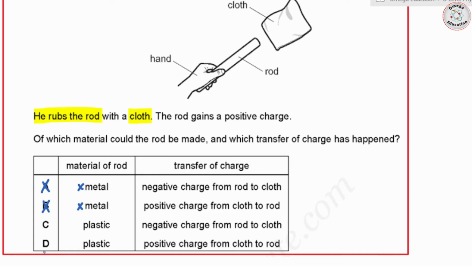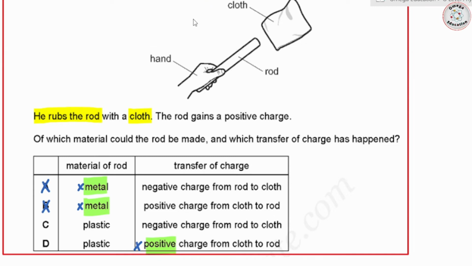And even without knowing anything, I can straight away discard option D as well. Like I've stated multiple times now, in this chapter you have to explain the charging or the movement of charge in terms of electrons, in terms of the negative particles, not in terms of protons, not in terms of the positive charge.